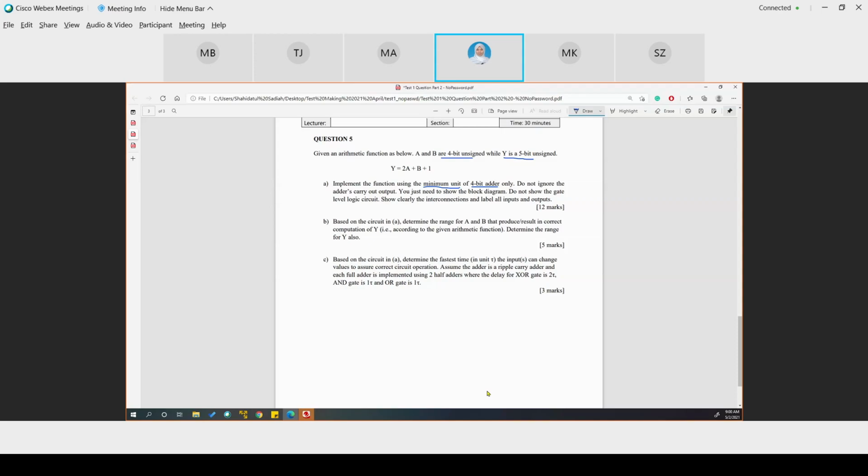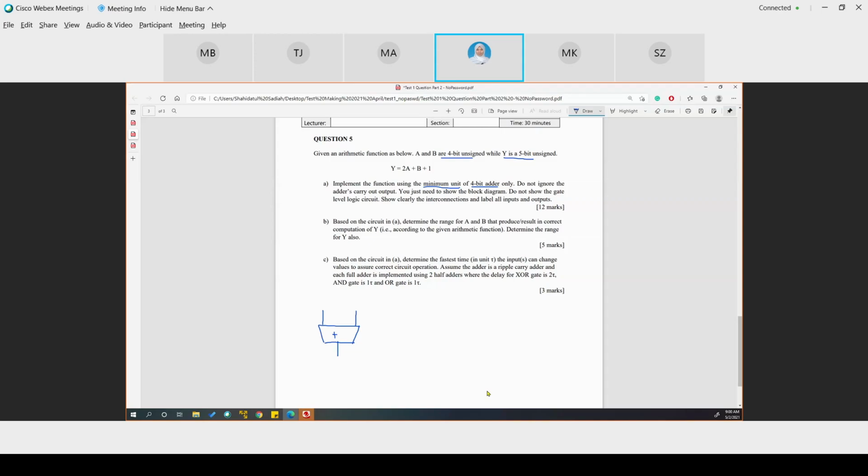Right. So for this one, some of you are using 2 adders, but the answer is actually only 1 adder. 1 4-bit adder, which connects to A and B. So A is 4-bit, B is 4-bit because it's a 4-bit adder, right?